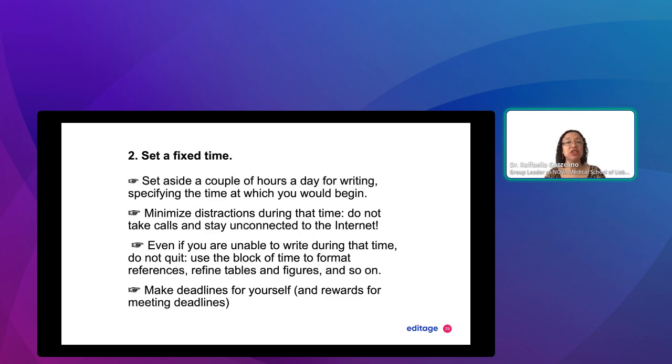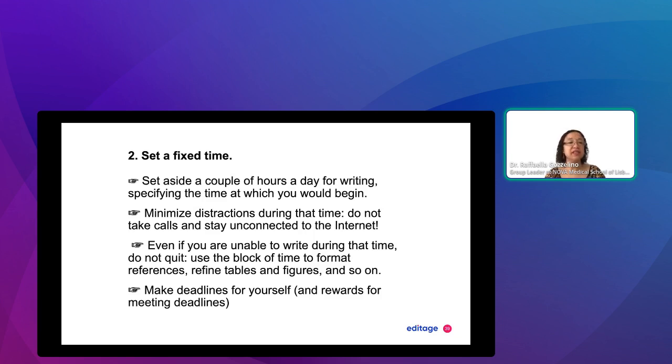So try to avoid having your mobile with the music on, or taking calls, or having social media on, that might distract you. So try really to focus on what you need to write. And then if you are not able to write during the time, do not quit, because if you quit, then you start losing the routine.